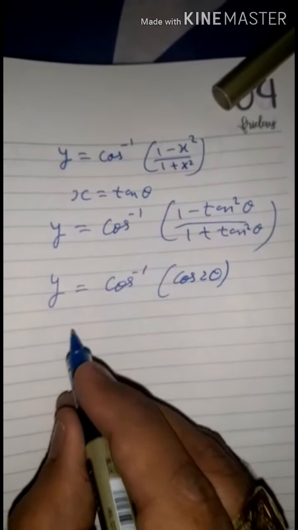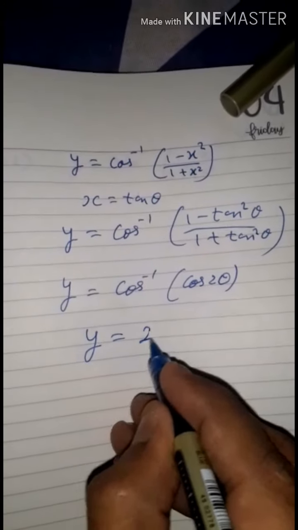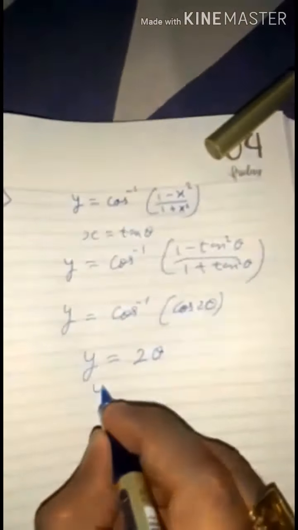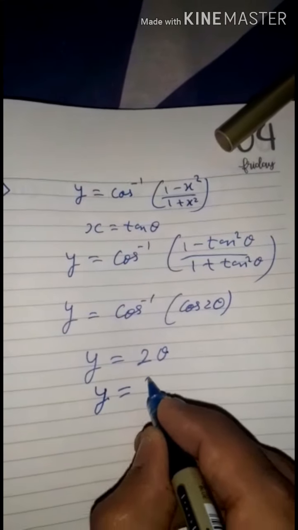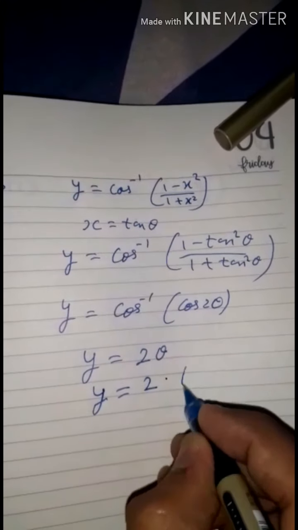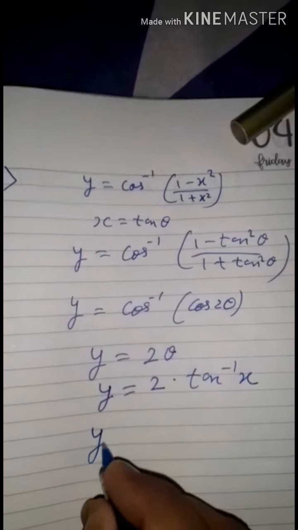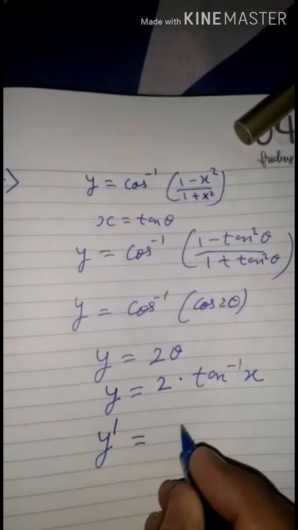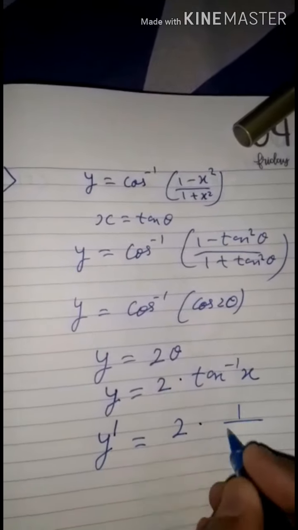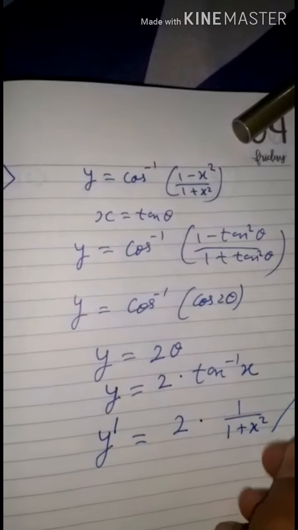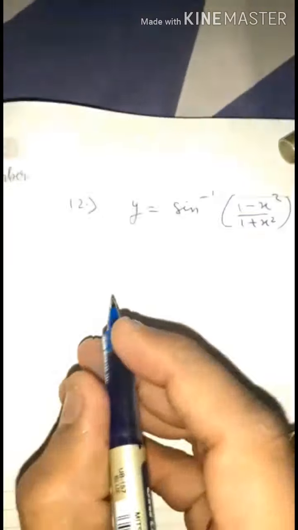So cos cancels with cos, we are left with y equal to only 2 theta. Now put the value of theta, we will get y equal to 2 tan inverse x. Now take the derivative on both sides. y dash is equal to 2 into 1 upon 1 plus x square. It's your required answer.